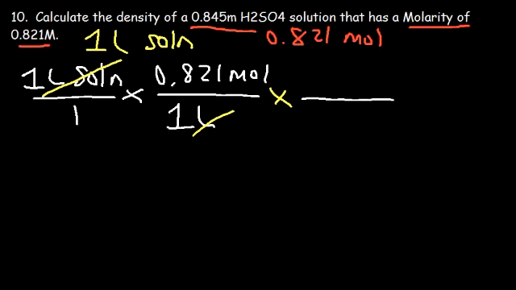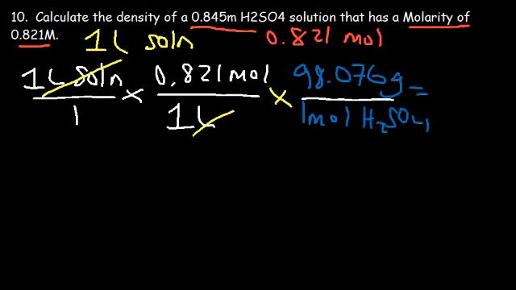So the molar mass that you should have at this point is about 98.076 grams per 1 mole of H2SO4. So therefore, the grams of H2SO4 equals 0.821 times 98.076. So that's about 80.5 grams of H2SO4.